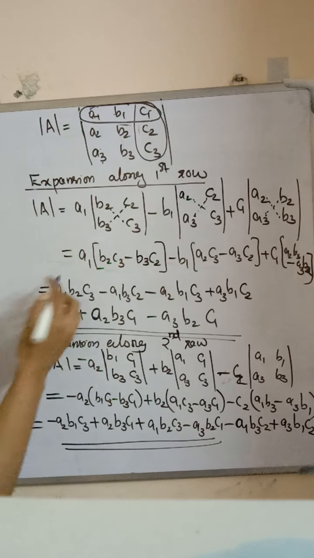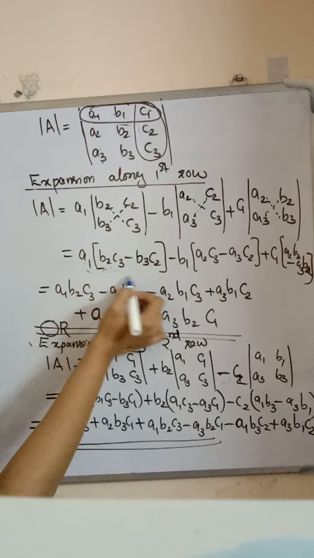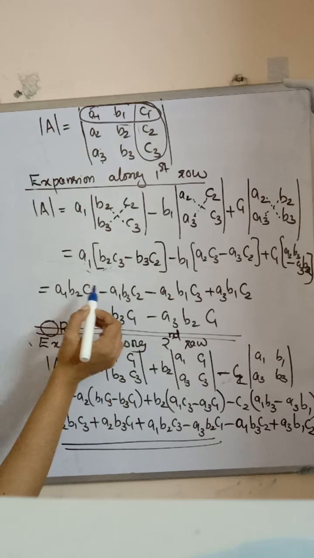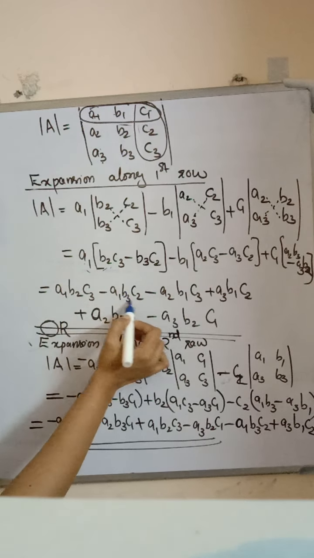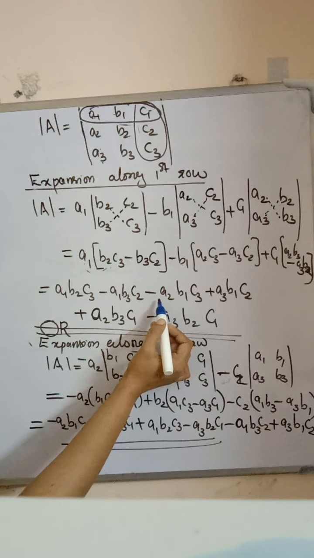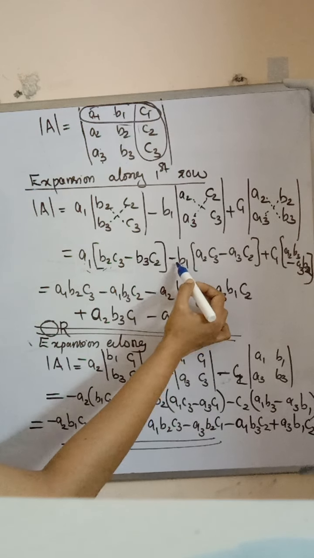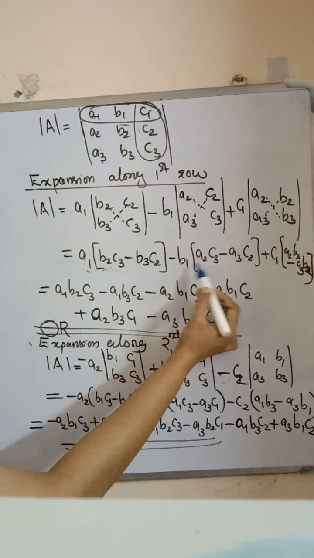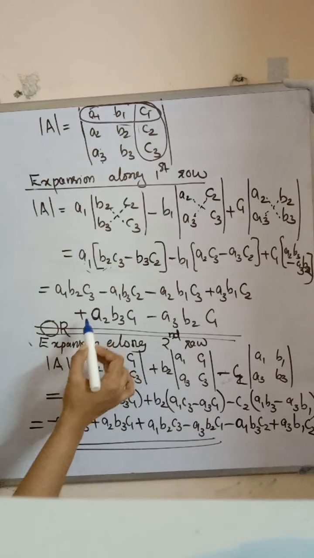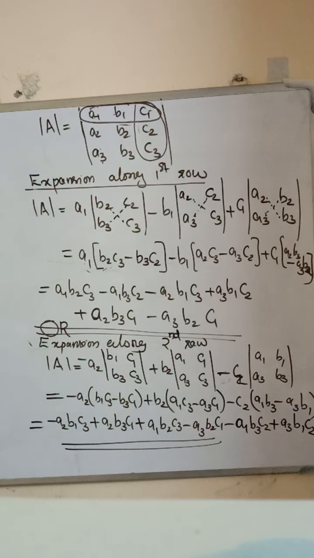Multiplying a1 into the bracket, we get a1 b2 c3 minus a1 b3 c2 minus a2 b1 c3 plus a3 b1 c2 plus a2 b3 c1 minus a3 b2 c1. Now we get the determinant A.